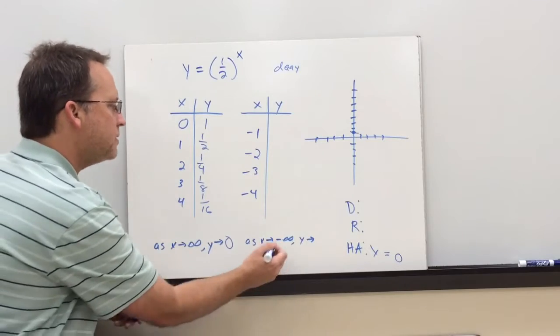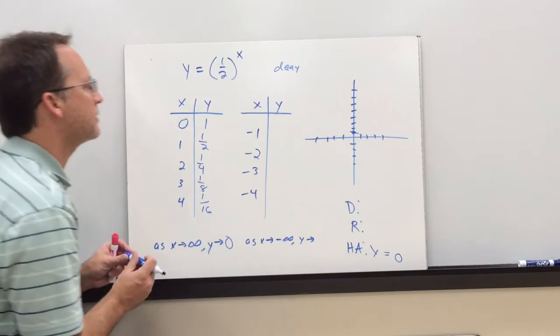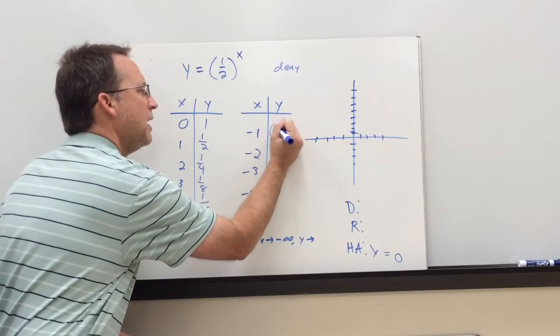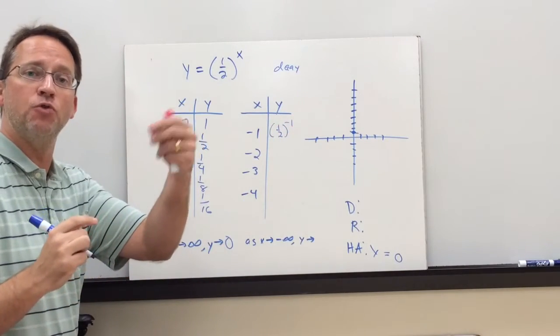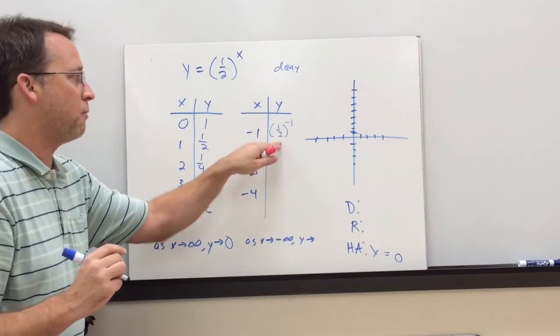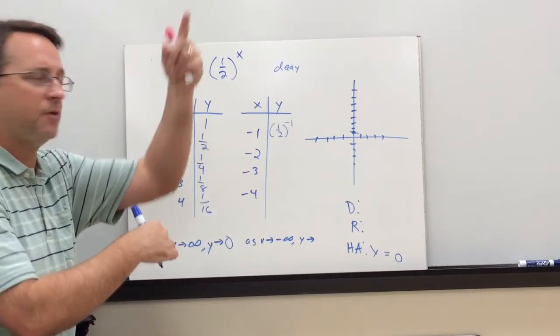So what happens with negative values for x? Well, if I'm doing 1/2 to the -1 power, remember negative exponents move things to denominators, but if they're already in denominators, they move them back up to the numerator.